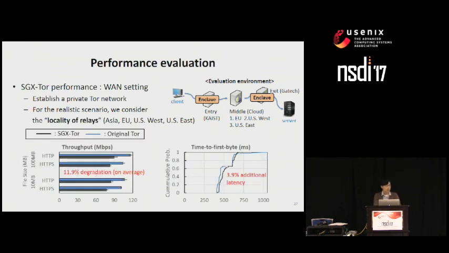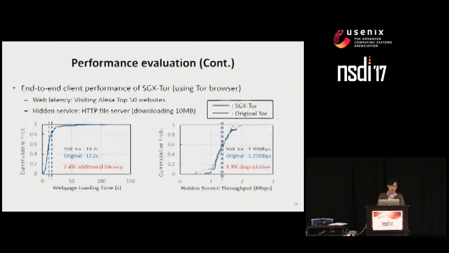We measure the file transmission throughput and time to first byte of SGX-Tor and the original Tor. The result shows that SGX-Tor has 11.9% performance degradation and 3.9% additional latency compared to the original Tor, which is moderate overhead.